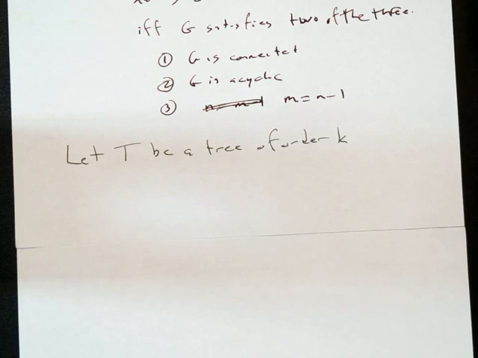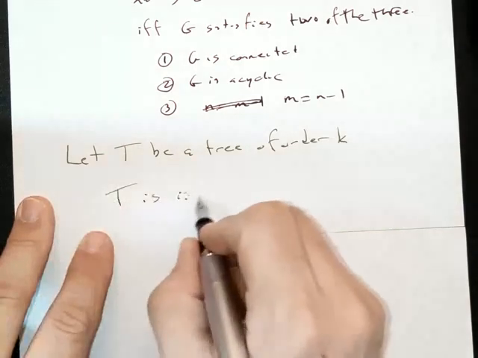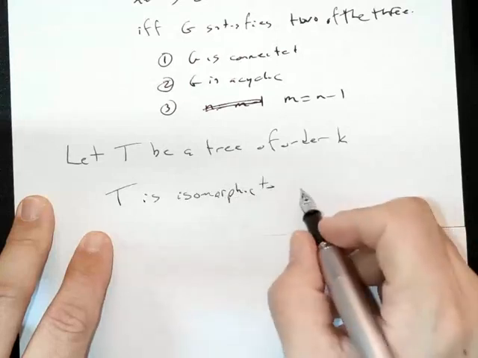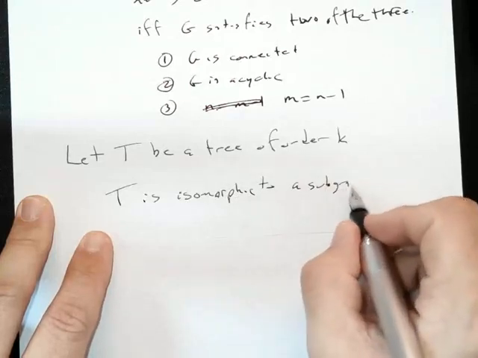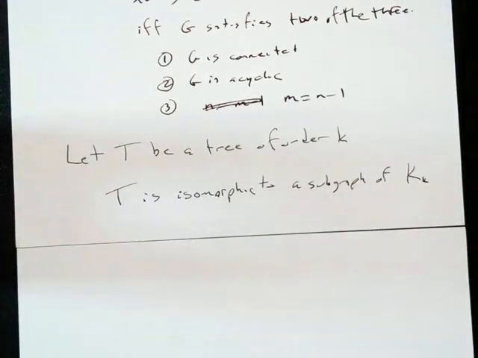That's the extreme other end on k vertices, right? You could take away all sorts of other edges and be left with the tree that you started with, right? T is isomorphic to some subgraph.